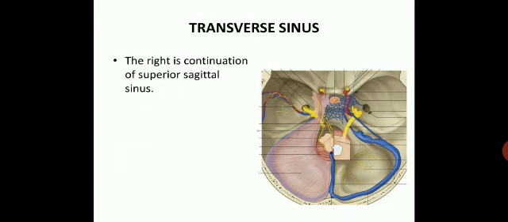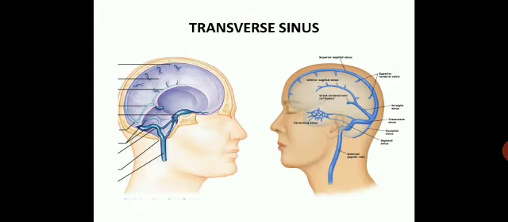The right is the continuation of the superior sagittal sinus, and the left is the continuation of the straight sinus. So, here we can see the right transverse sinus, which is a continuation of the superior sagittal sinus, whereas the left is the continuation of the straight sinus.